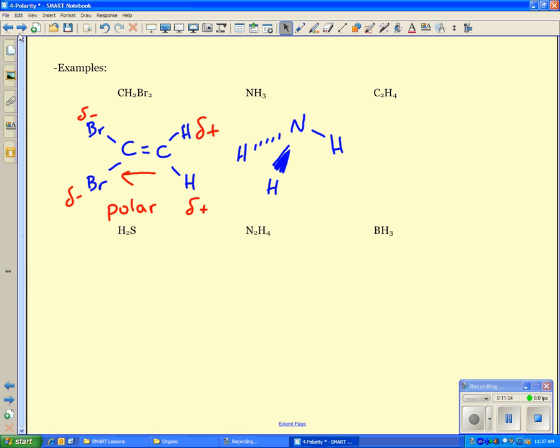Again, looking at the electronegativity values, nitrogen has a higher value, so it gets delta negative. Each of our hydrogens is a delta positive. So are electrons going to be pulled to one side of the molecule? Yes, definitely towards the nitrogen. So ammonia is polar.